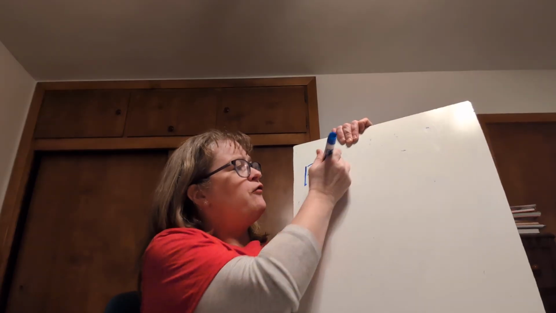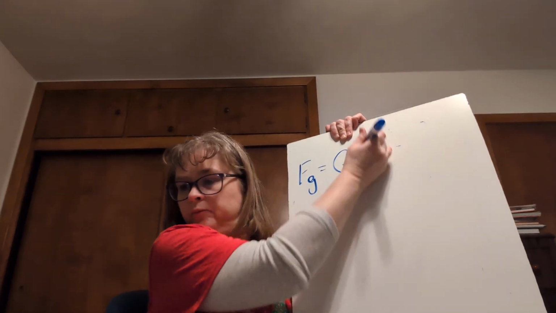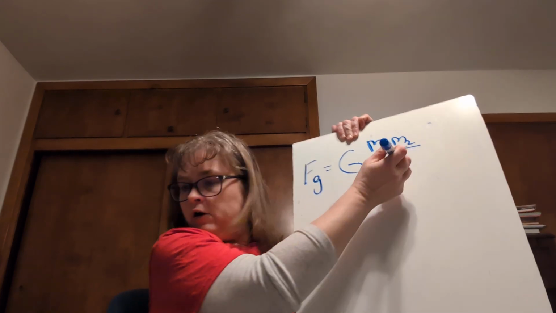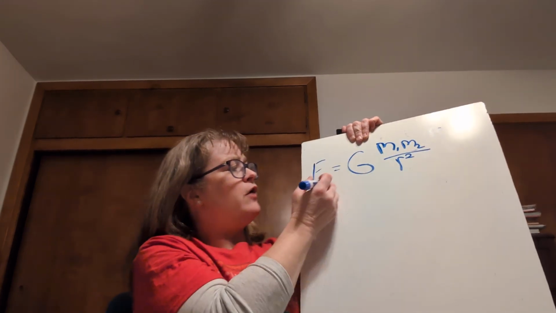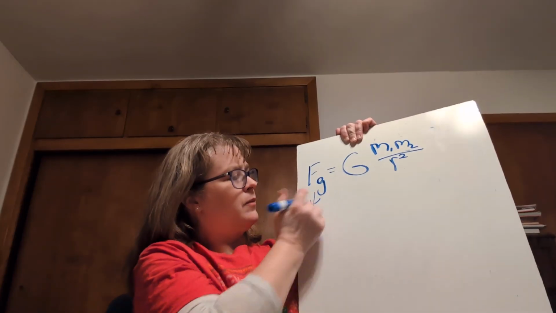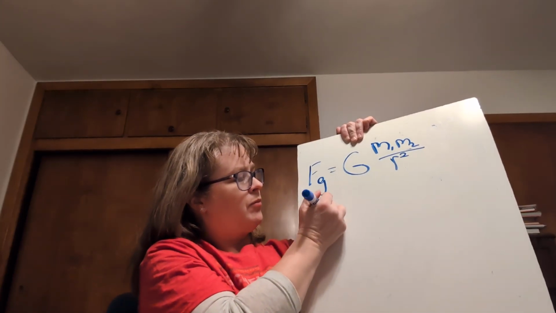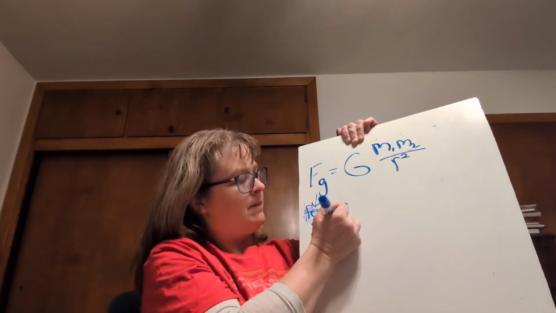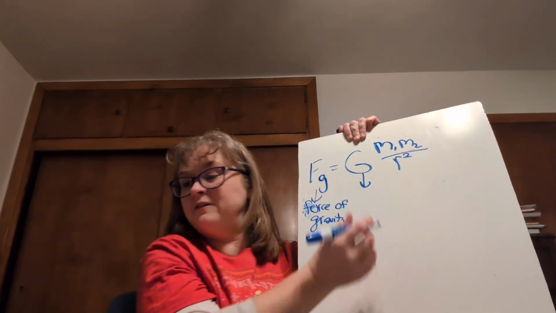So, the force of gravity is G, M1, M2 over R squared. So, this is the force of gravity. This is a constant.